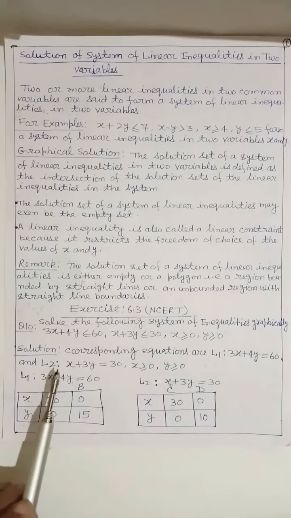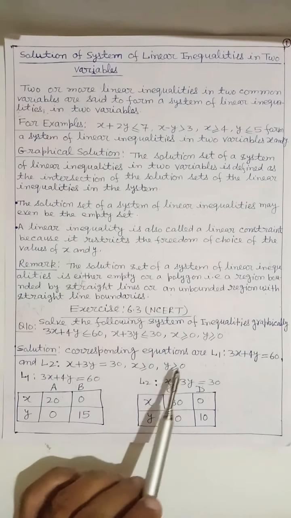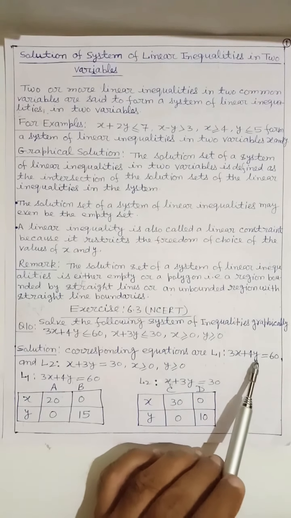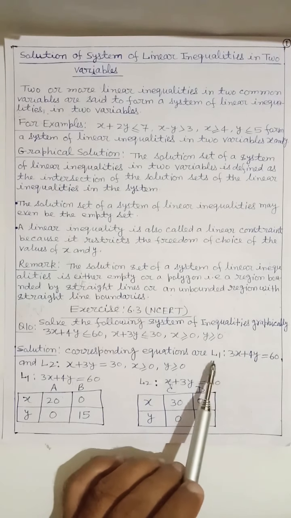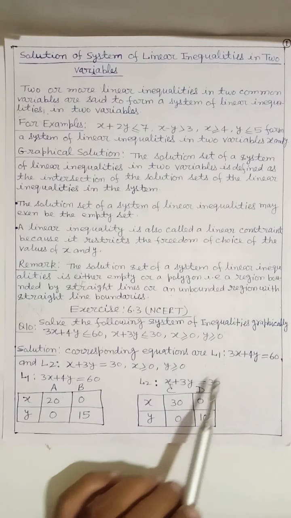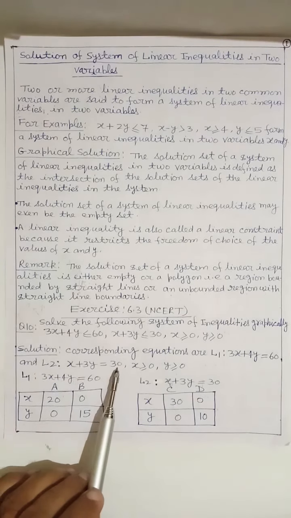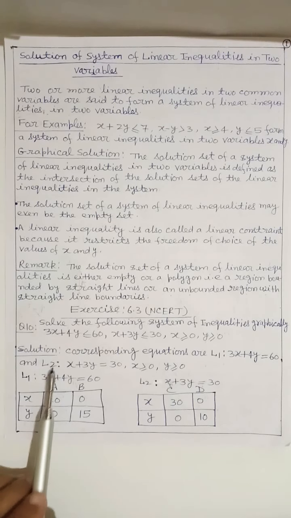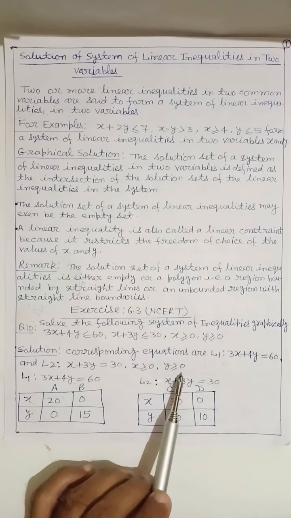To find the solution, first we write the corresponding equations, that is 3x plus 4y equal to 60, which represents line first, L1, and second, x plus 3y equal to 30, which represents line second, L2, x greater than or equal to 0, y greater than or equal to 0.